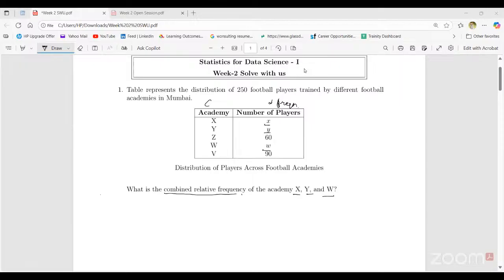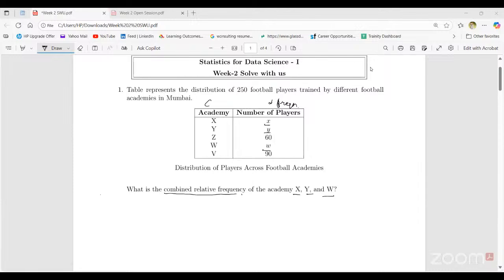Are you guys solving it? The answer is 0.4. So everyone got 0.4? Yes, ma'am. Okay.